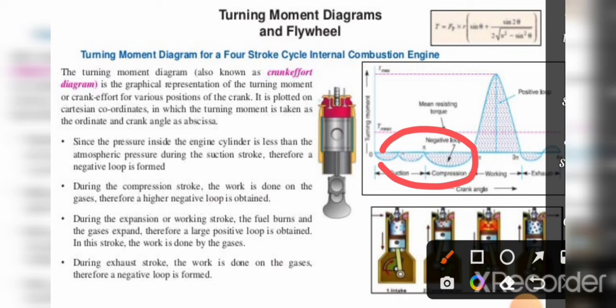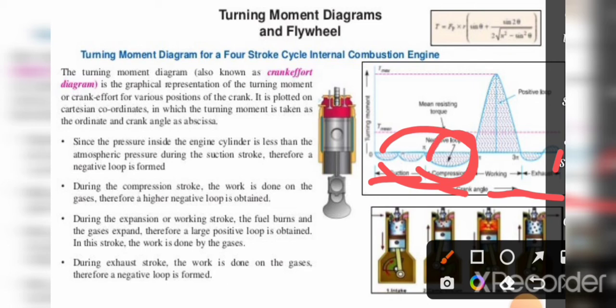Whereas in the compression stroke, work is done on the gases, hence a high negative loop is obtained. Here we can see this is the suction stroke, this is the compression stroke, this is the working stroke, and this is the exhaust stroke.